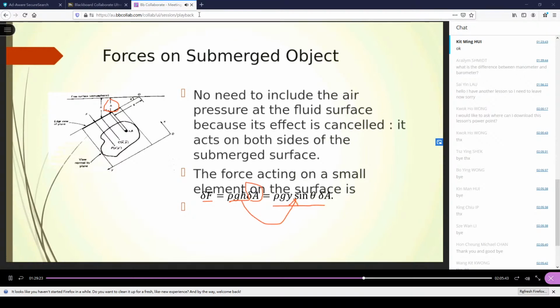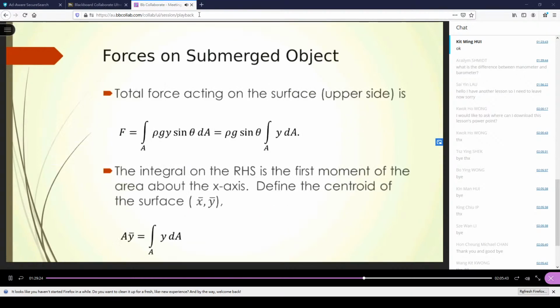So we are going to find the total force acting on the upper side first. We integrate the force over the whole surface, and this is what we have: y dA.